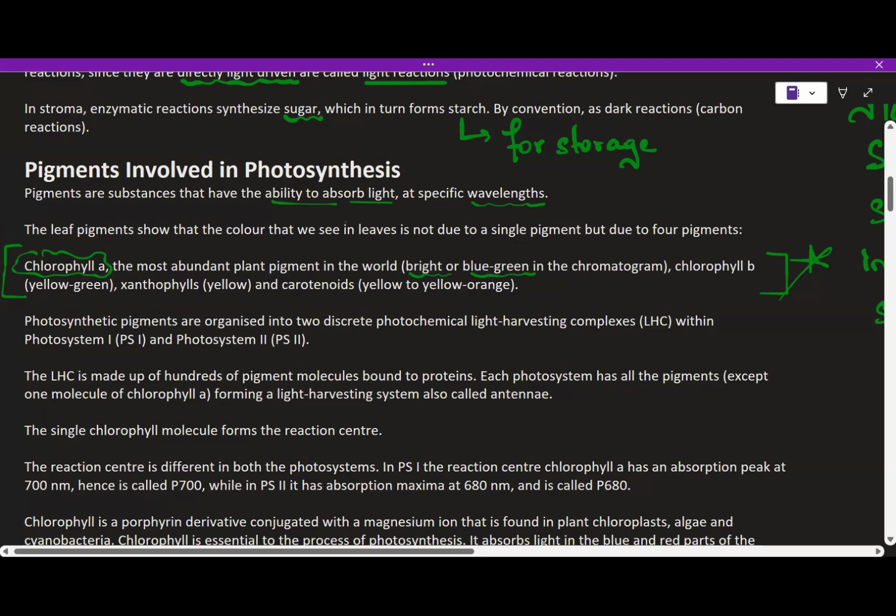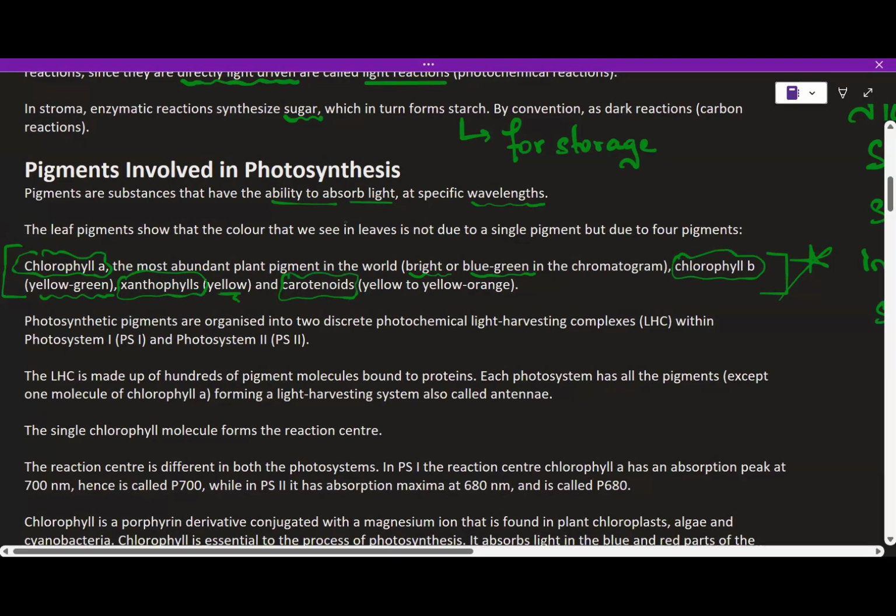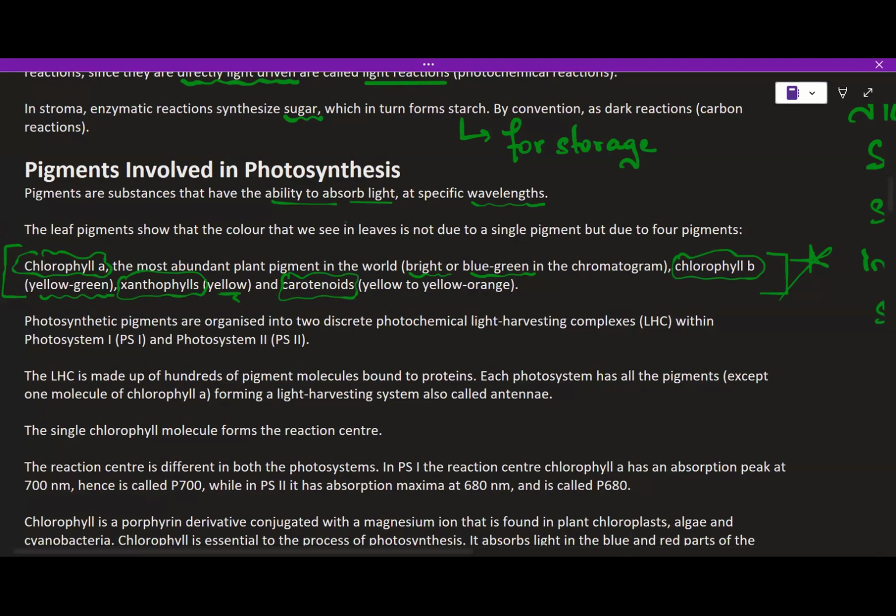The second pigment, chlorophyll B, is yellowish green in color. The xanthophylls, the third pigment, are purely yellow in color, and the carotenoids are yellow to yellow-orange in color. This is very important to remember, each of the pigments and the color it shows. So the leaf pigment is not because of a single color, it's because of the variety of pigments that are there.